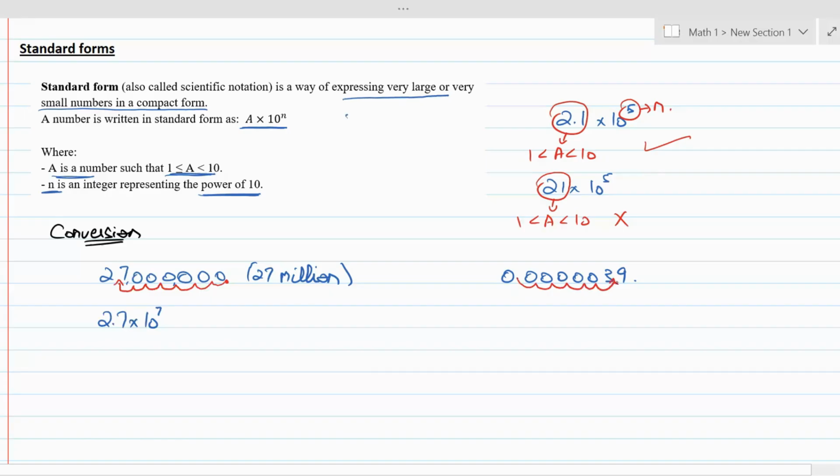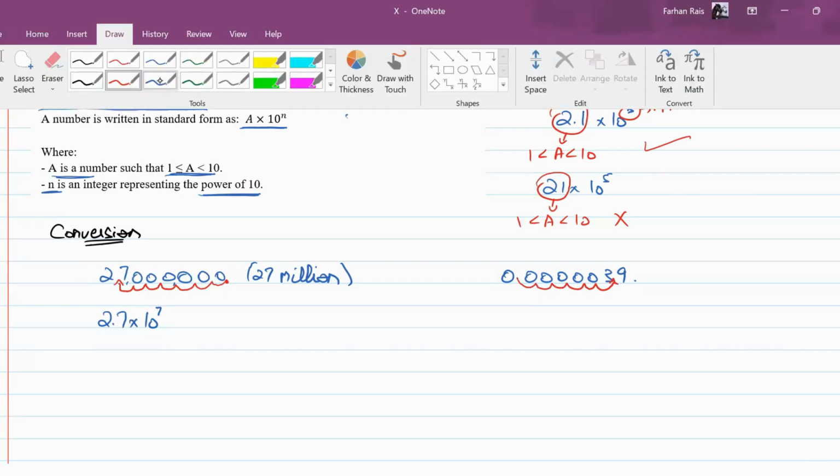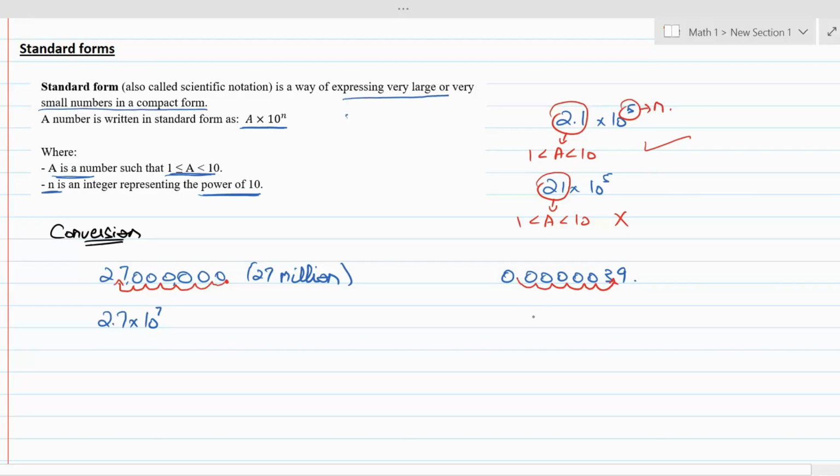We have shifted 6 places towards the right, and we are now getting this as 3.9. And since it's a 6 places move towards the right, 10 power would be a negative value. How many shifts have we made? 1, 2, 3, 4, 5, 6 shifts. It would be 10 power minus 6.